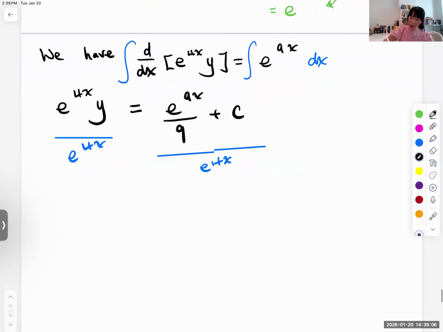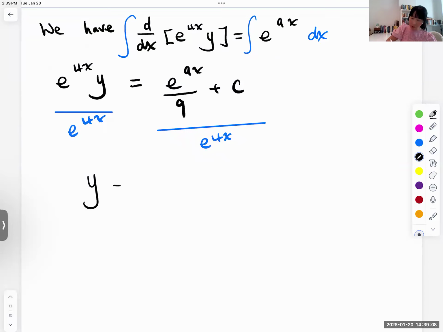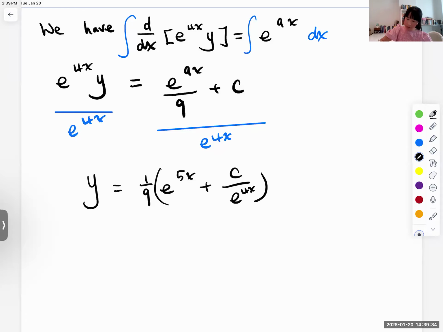So y equals 1 over 9 e to the 9x over e to the 4x, which is e to the 5x, plus c over e to the 4x. That will be the general solution.